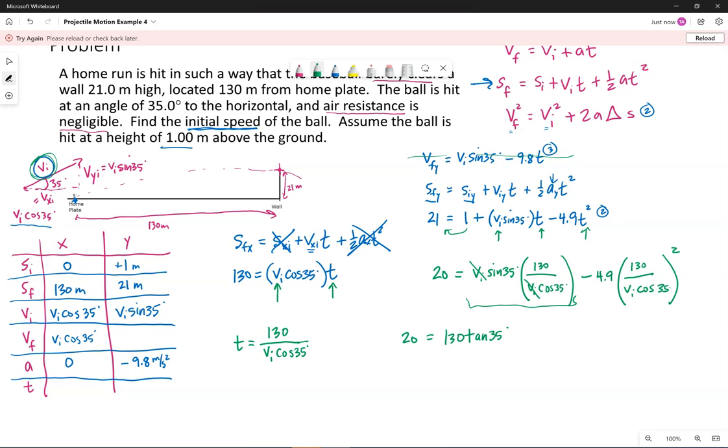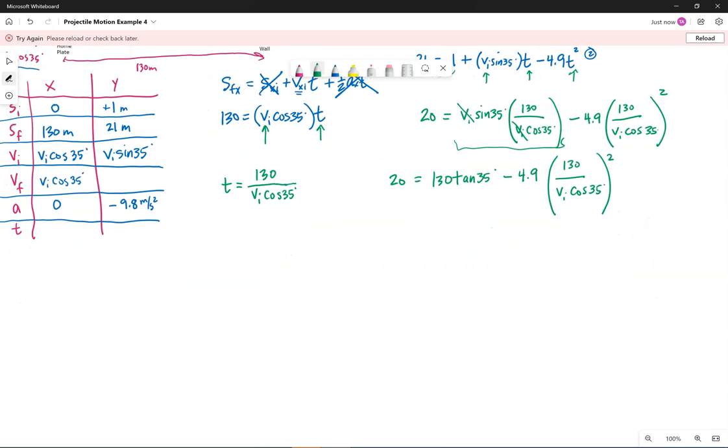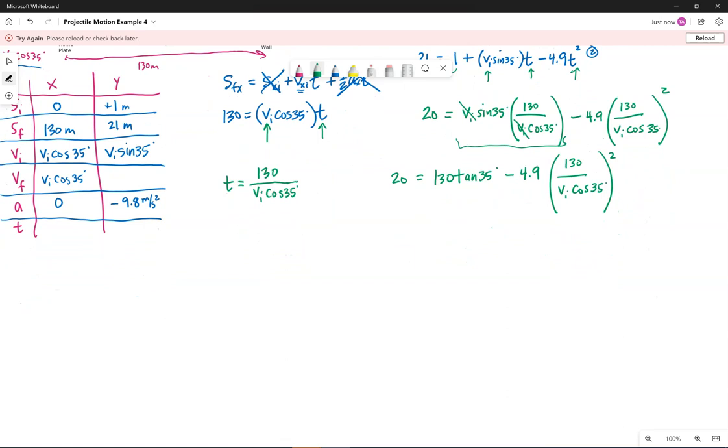I'm actually going to leave it this way for just a second, and I'll show you why. We can square factor through at any stage. I think I'm just going to minimize the algebra a little bit. So 20, I'm going to bring the 130 tangent 35 to the other side. And then I'm going to divide by negative 4.9. That will leave me with this stuff squared.